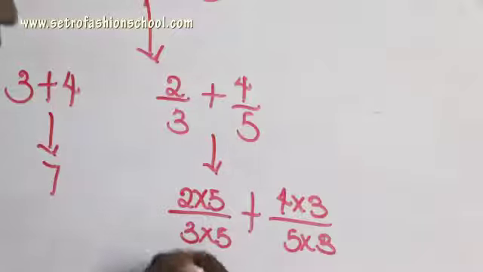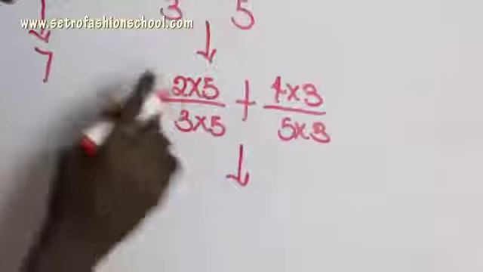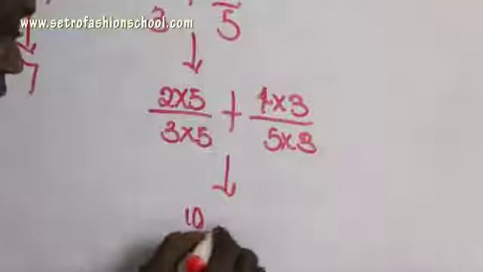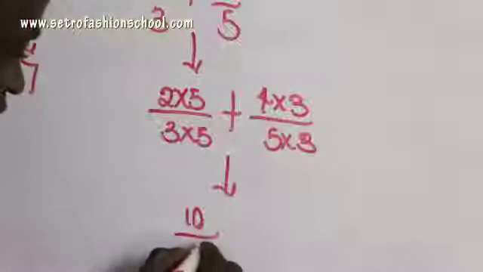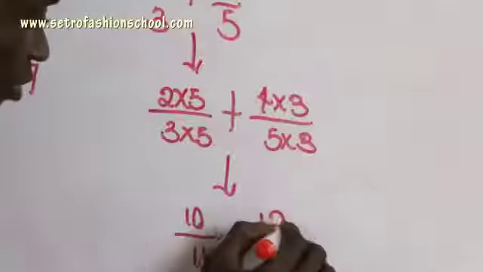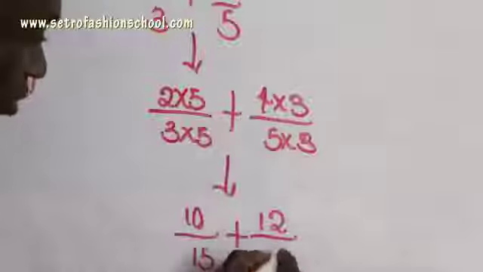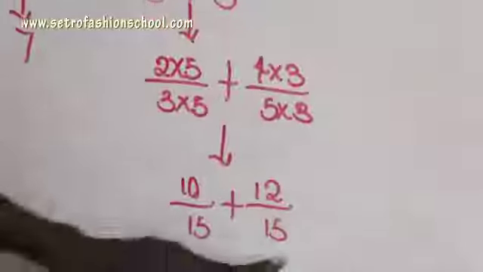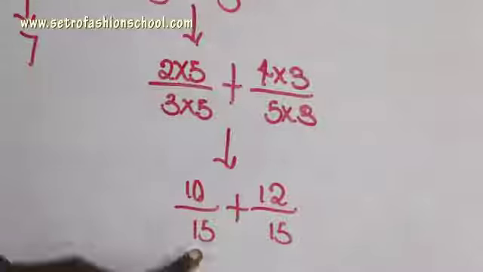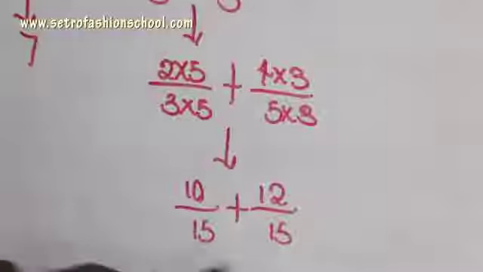Now, calculating them down again, this times this will give us 10 all over, this times this, which is 15, plus this times this, which is 12, all over this times this, which is 15. Now, we have 15, 15. The LCM of 15 and 15 is 15.